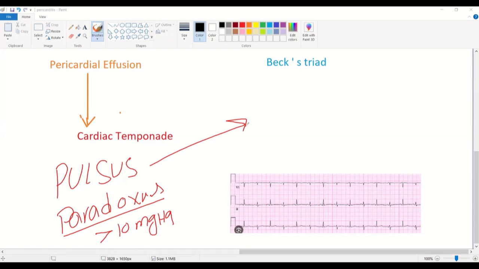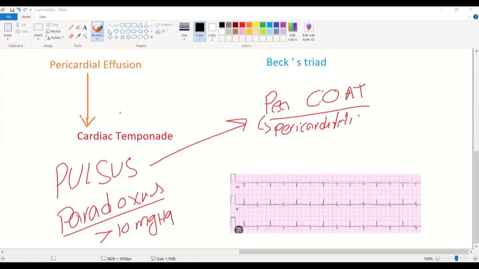So the mnemonic for pulsus paradoxus is P-COAT. P for pericarditis. C for croup.